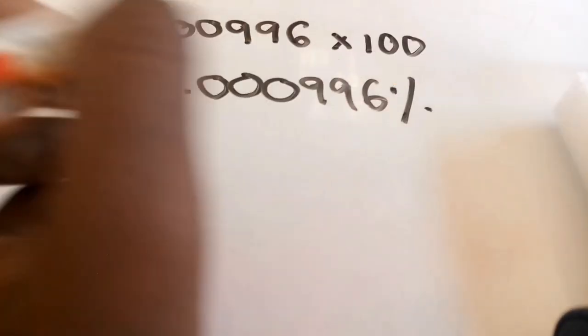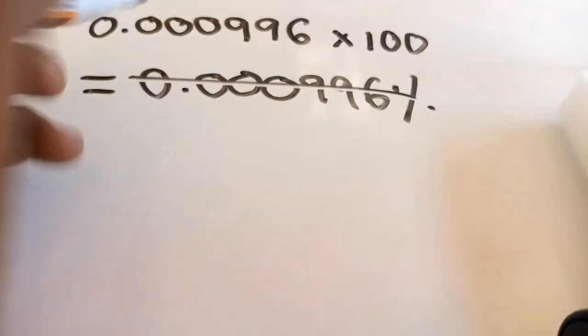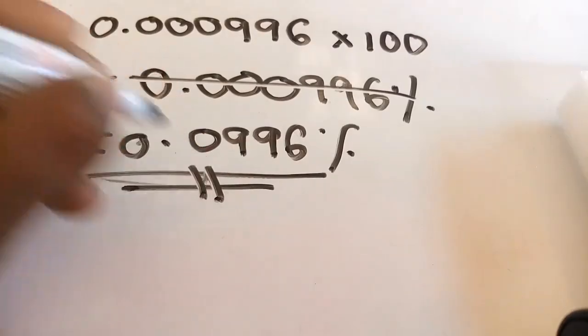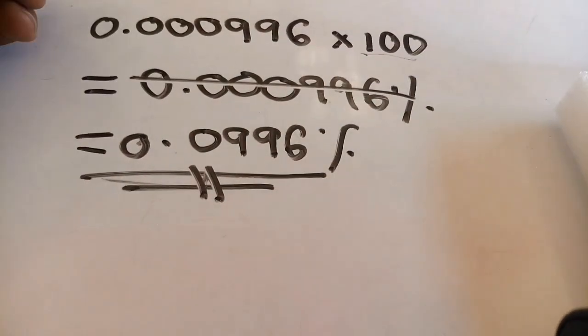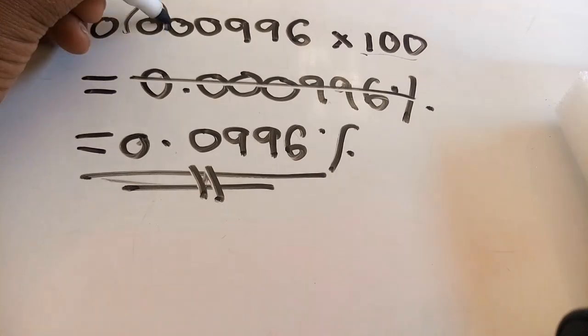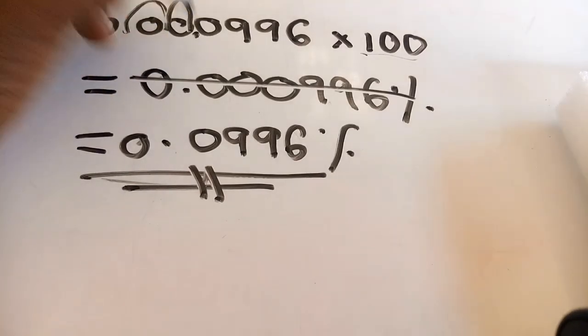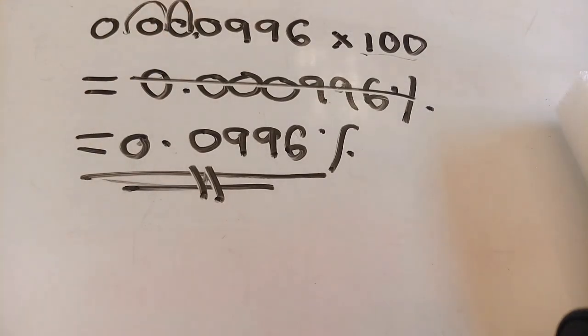Oh, sorry, no, that would not be it. It would be 0.0996%, because we're multiplying by 100, so our decimal would move 2 places, giving us 0.0996%.